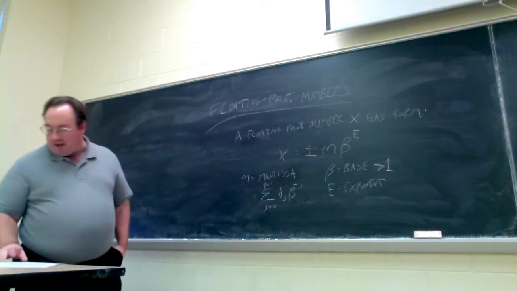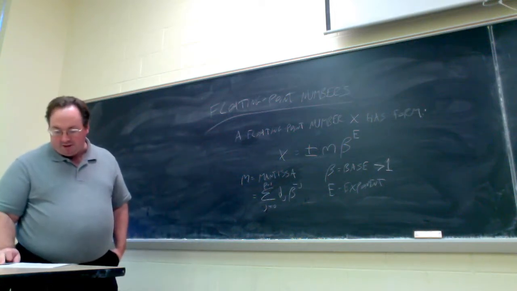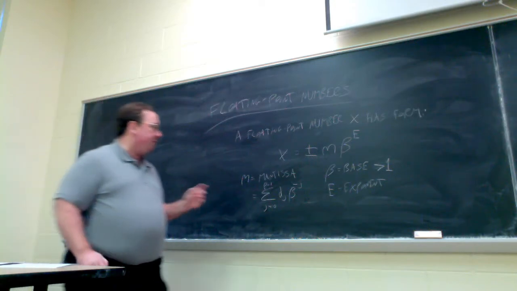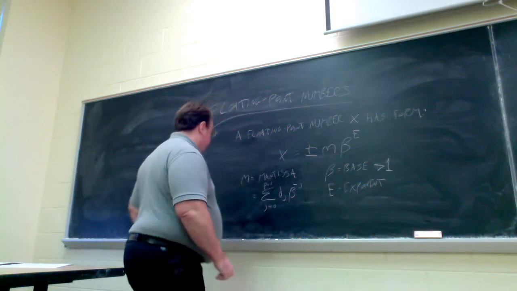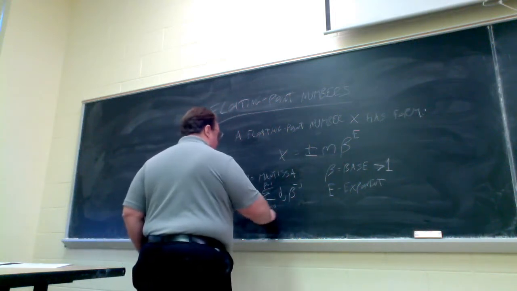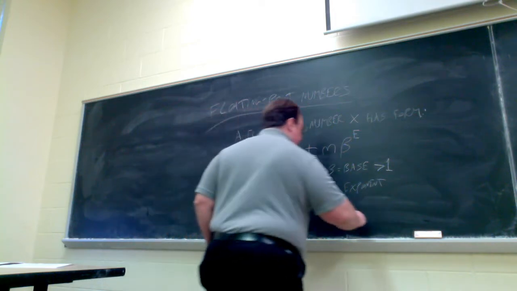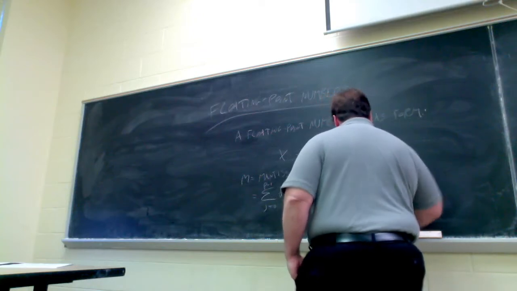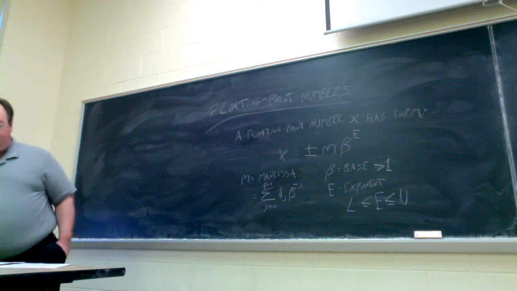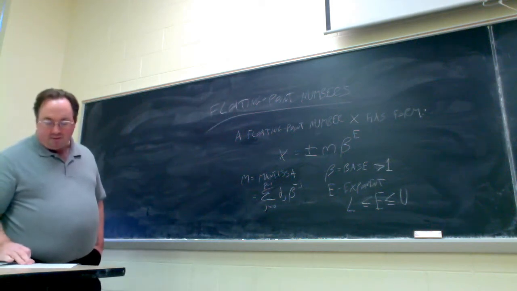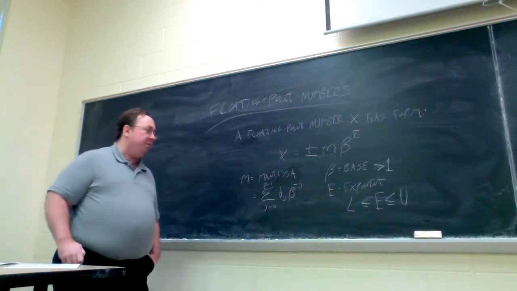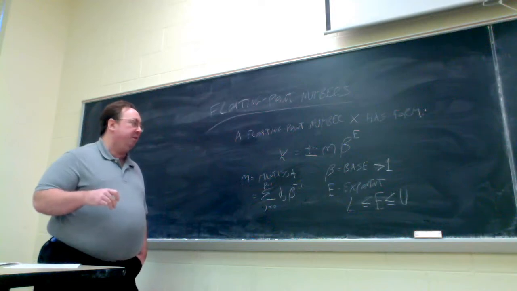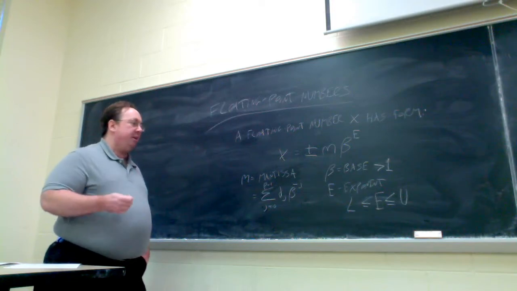Now, any floating point number system is defined in terms of certain key parameters. So one of the parameters is the base, beta. And the other parameters of interest: e is bounded, there are certain bounds on the exponent that are referred to as L and U. And U is going to be positive, L will definitely be negative because we want to be able to have both positive and negative powers of a base.